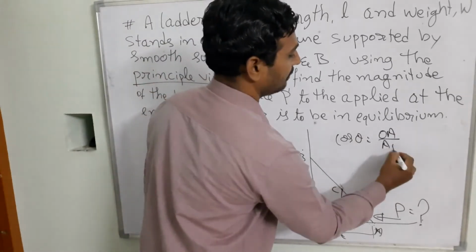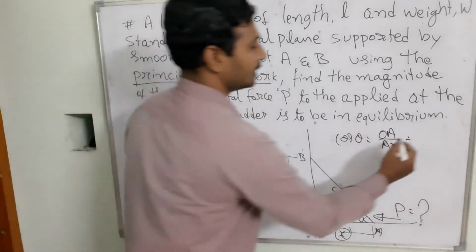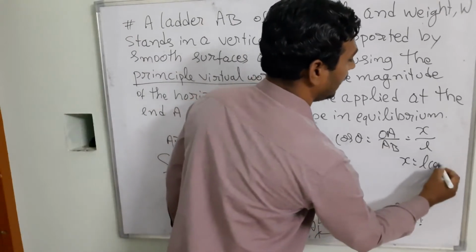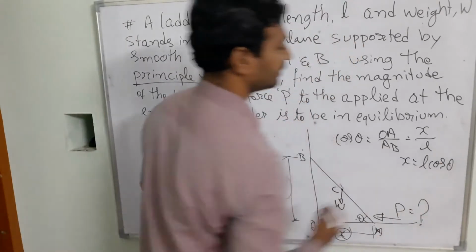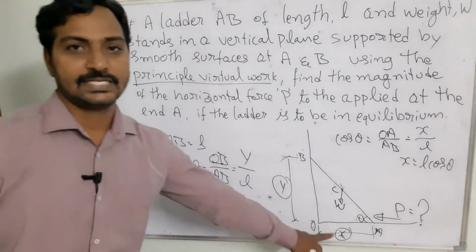OA I consider as the x value, and AB is L. Finally, x is equal to L cos theta, I got it, right? So now I have found the y value as well as the x value.